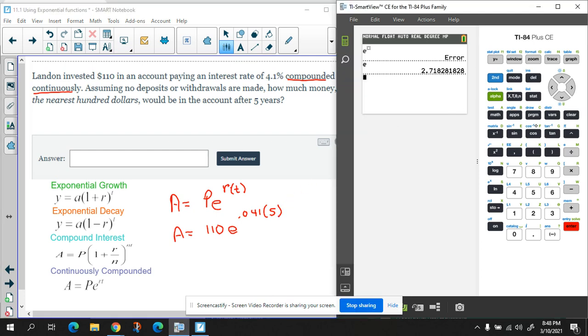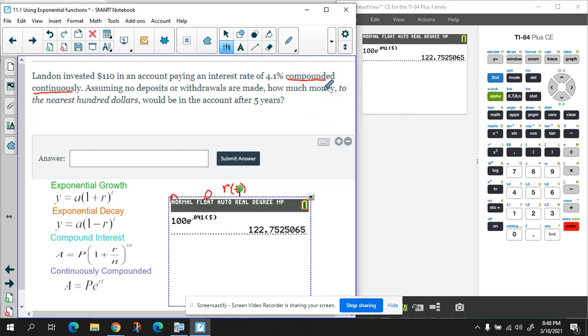When you go to type it in your calculator, do 110, and then I would recommend doing the second button and then this button, and it puts E raised up to a power for you, 0.041, parentheses, 5, multiplying them up there together.